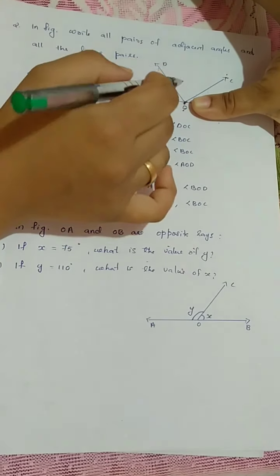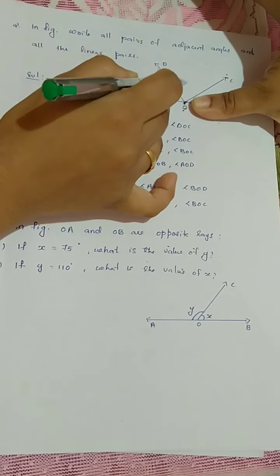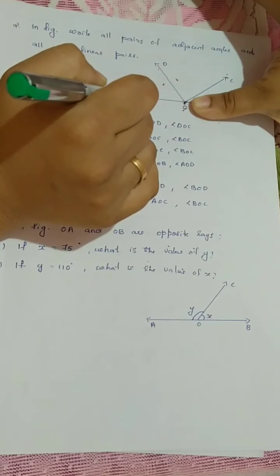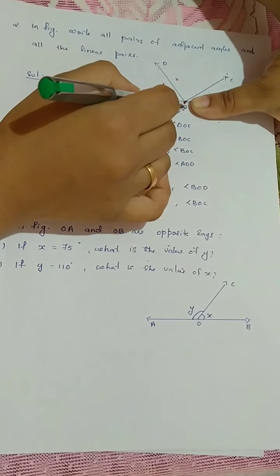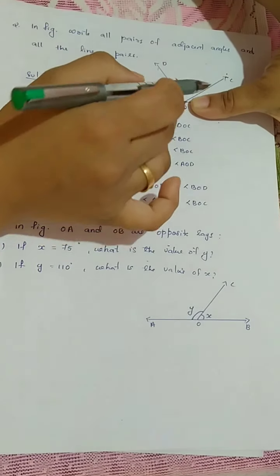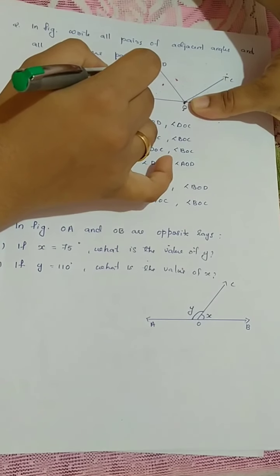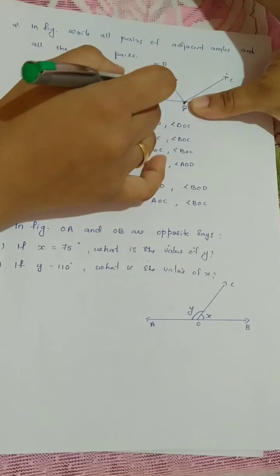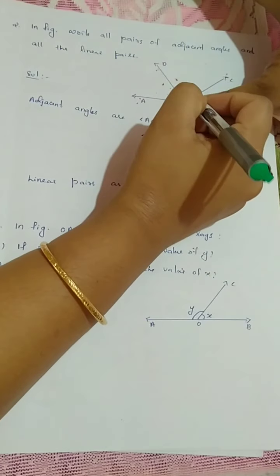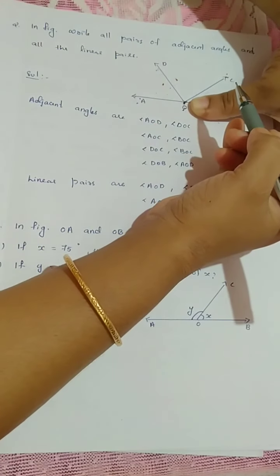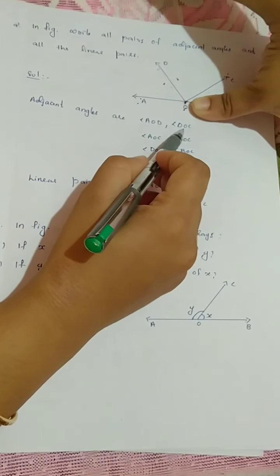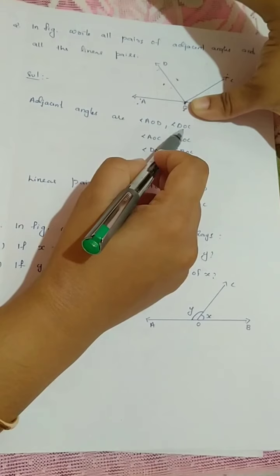Consider these two angles COD and DOA. These two angles have a common vertex O and a common arm OD, and non-common arms are lying on either sides of the common arm. So these two angles are adjacent angles. So angle AOD and angle DOC are adjacent angles.